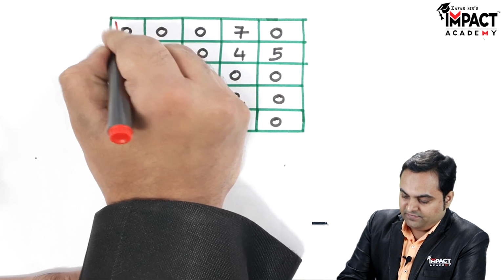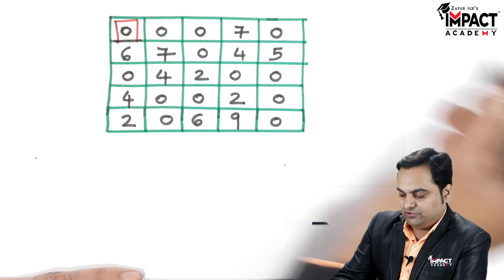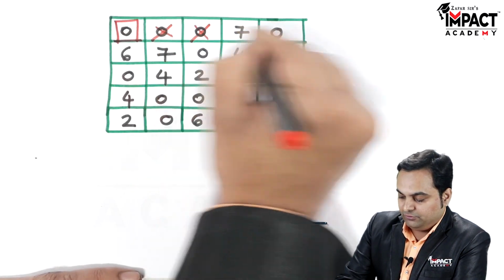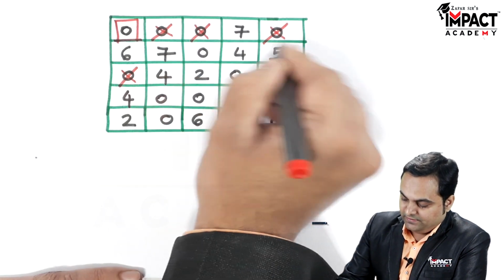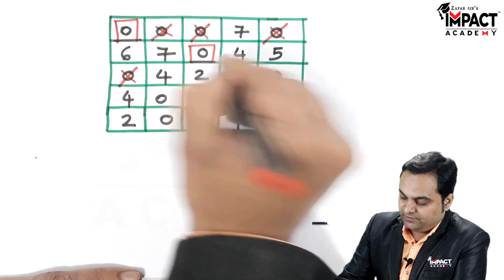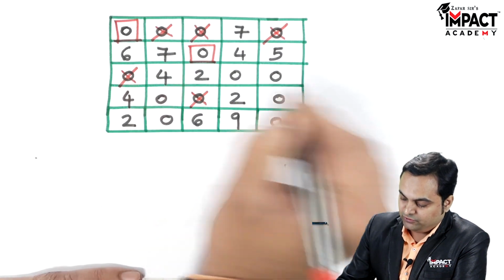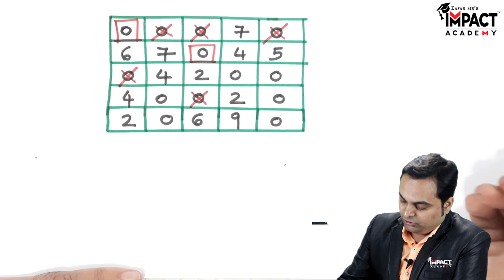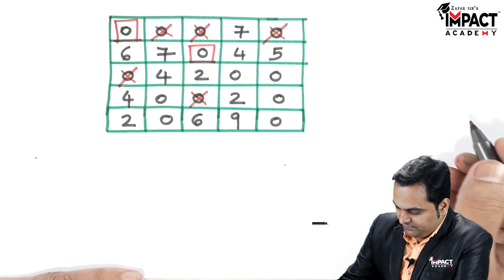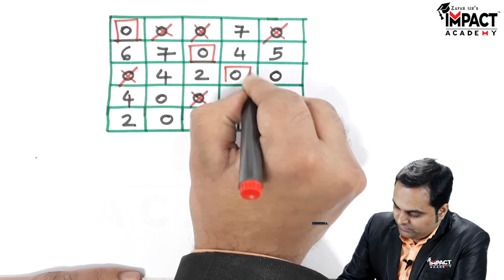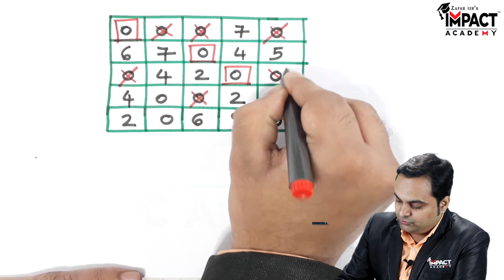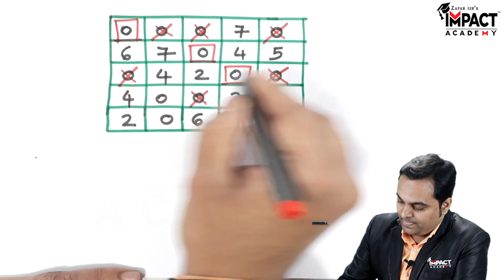So when I am making an assignment in the first row, first column, the remaining zeros are to be cancelled in that row and column. Then in the second row, no other zero should be present in the row or column after making the assignment. Then when I make an assignment in the third row, no other zero should be present in that same row or column.